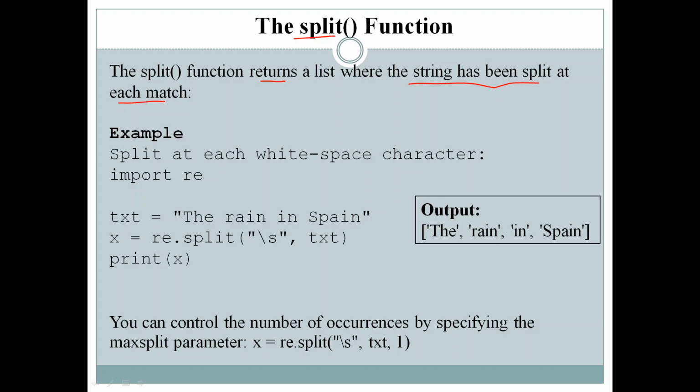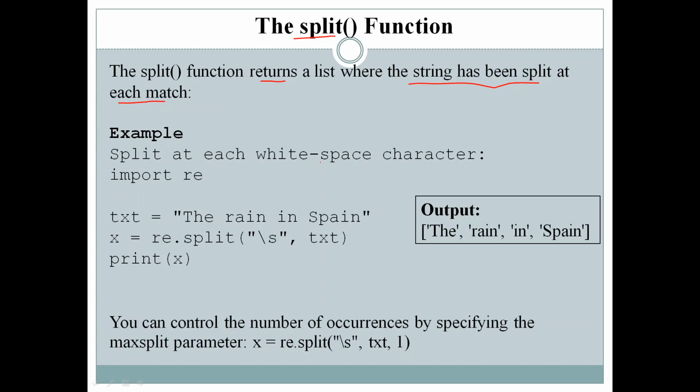It is used to split the string into multiple different strings based on a pattern. So we can search for a particular pattern, and based on that pattern we can split the string into multiple separate strings or a list of strings.